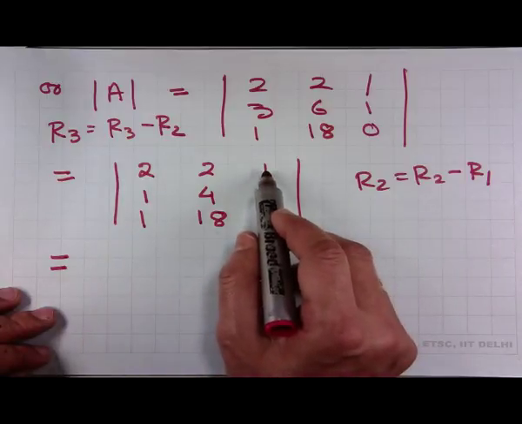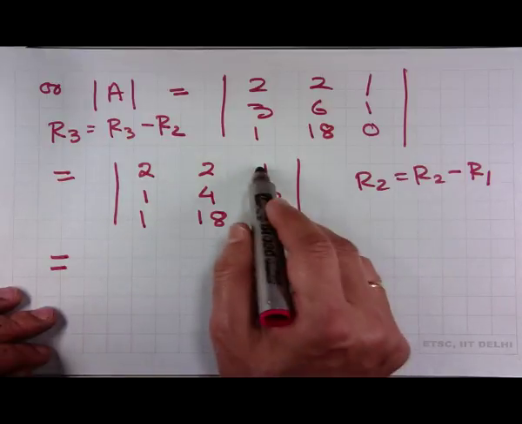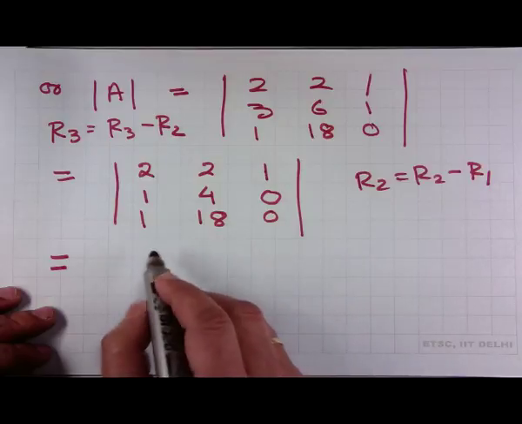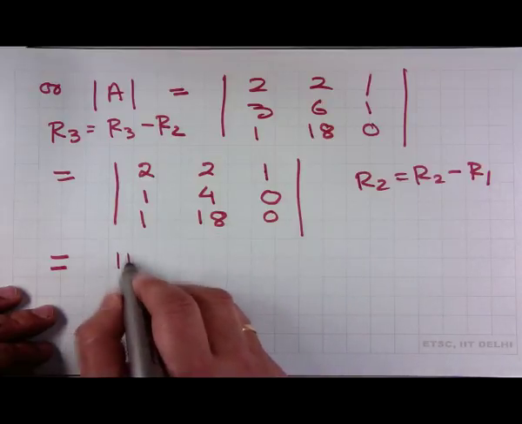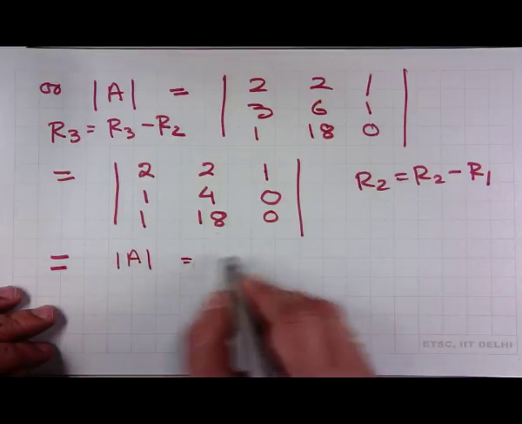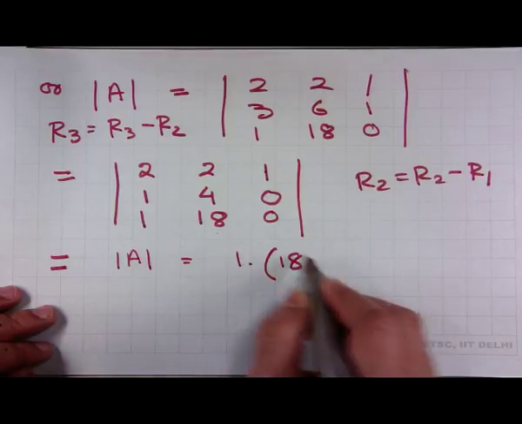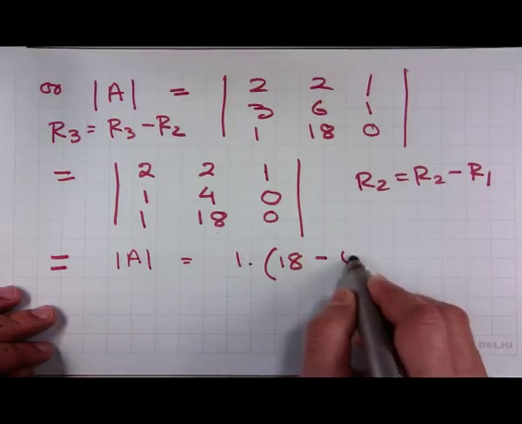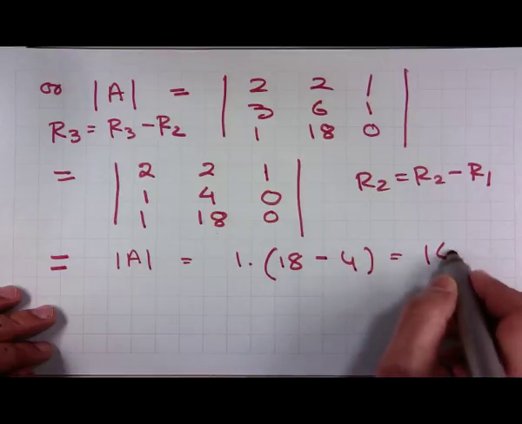Now if I expand along this third column, we get determinant of A equal to 1 into 18 minus 4, which is equal to 14.